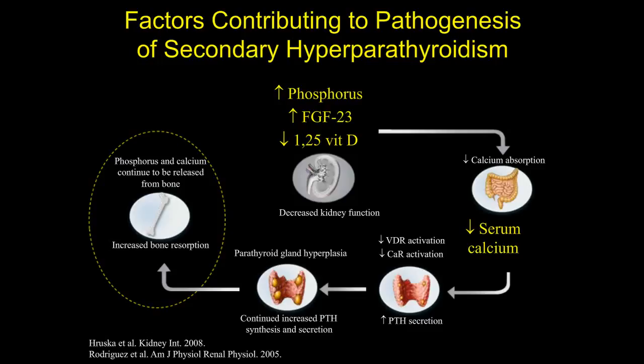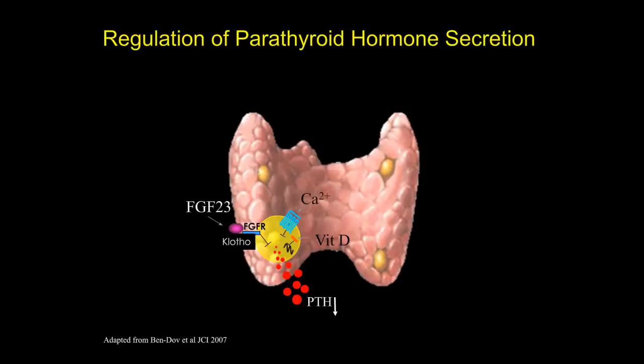Those factors affect the parathyroid gland: low calcium causes an increase in parathyroid hormone production, but we also have a decrease in vitamin D expression and decreases in both the vitamin D receptor and the calcium receptor at the level of the parathyroid gland, so it takes higher serum calcium to inhibit parathyroid hormone. With time, we get parathyroid gland hyperplasia, which continues with further increase of parathyroid hormone secretion, and this feeds back to the bone, where we get increased bone resorption.